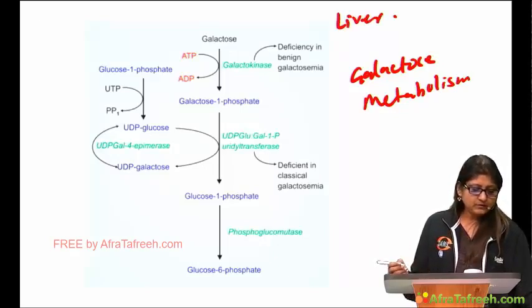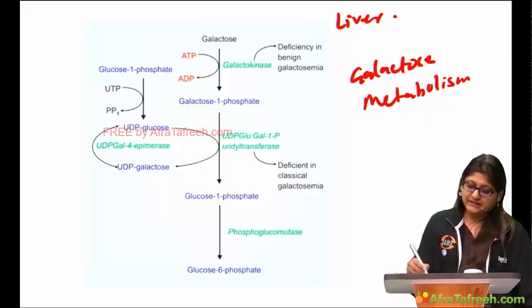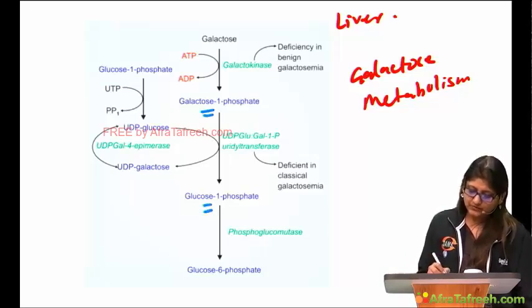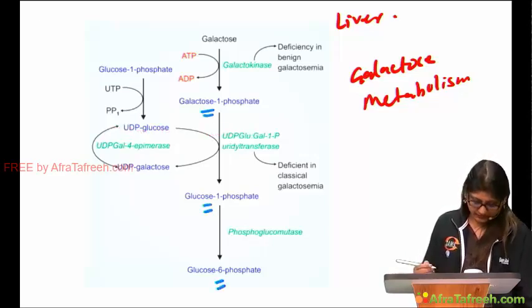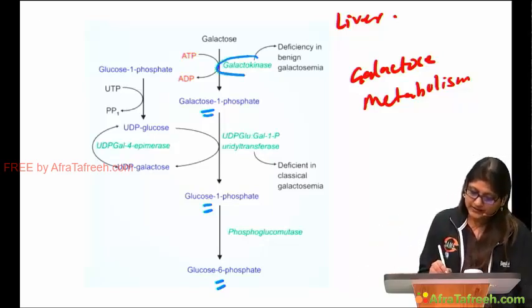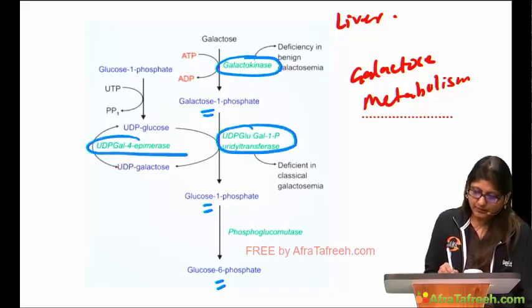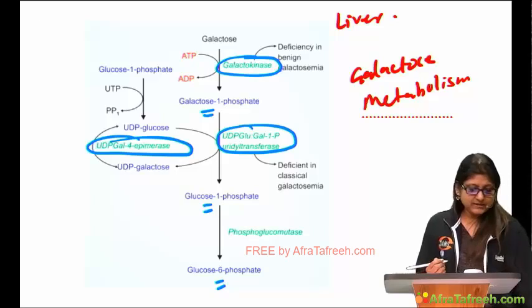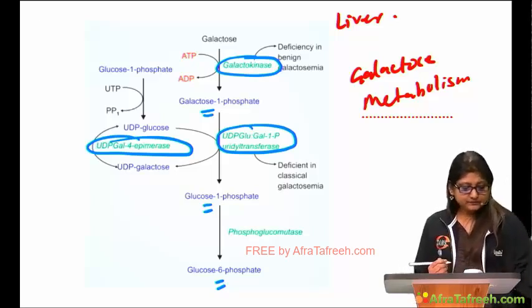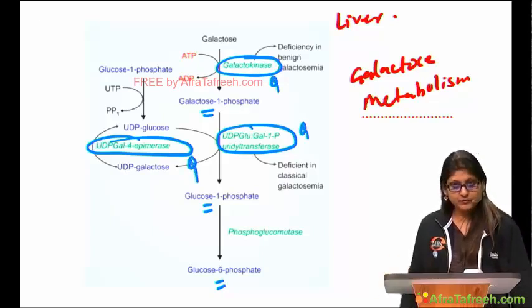Galactose is very easily converted to galactose 1-phosphate, then to glucose 1-phosphate, then to glucose 6-phosphate, which is further utilized. You need galactokinase enzyme number 1, uridyl transferase enzyme number 2, and 4-epimerase enzyme number 3. These are 3 important enzymes of galactose metabolism which you must know.